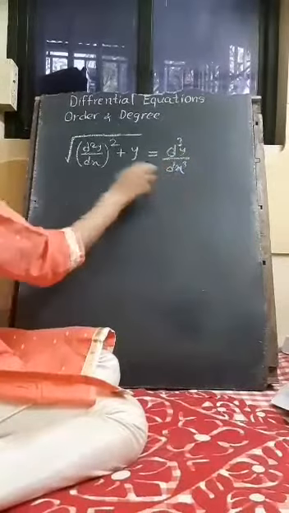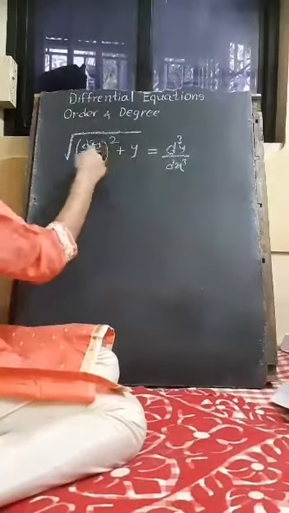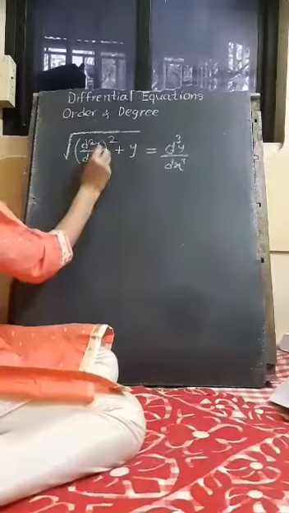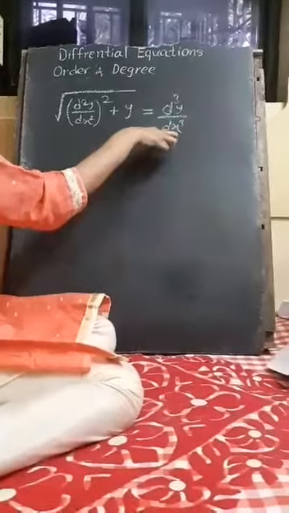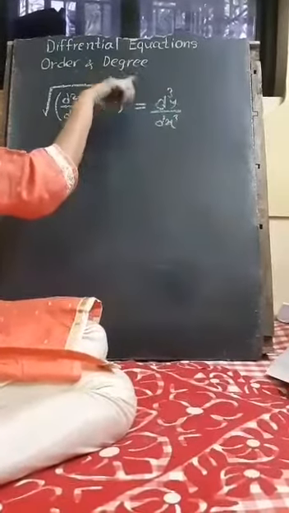Then all of you can see what derivatives are present: d square y by dx square and d cube y by dx cube. So what is the order? Order will be 3, but the degree you cannot say directly.